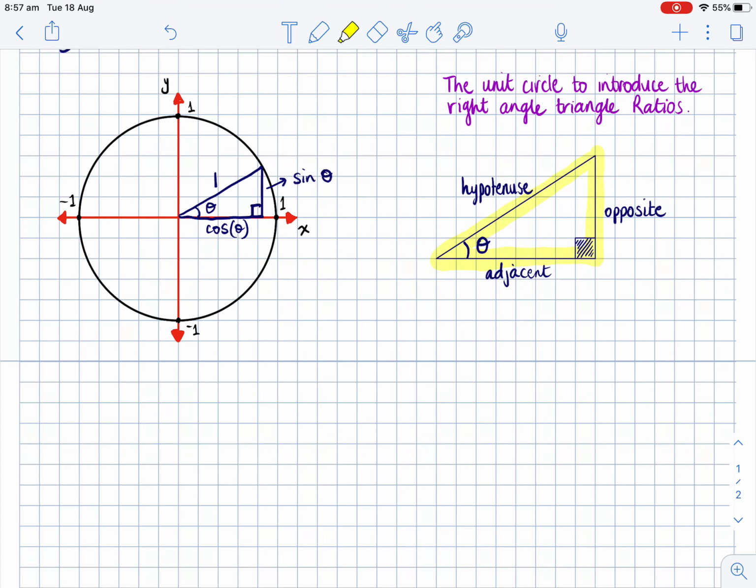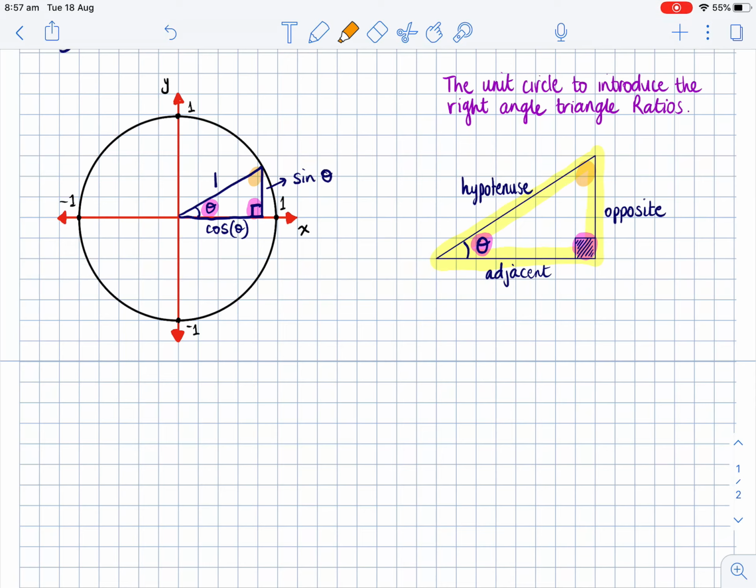Now, because these two triangles share the same angle theta, and they share a right angle, that means the third angle up here would also have to be equal. And when all three angles are equal, they're called similar triangles. So in this case, we've got two similar triangles.